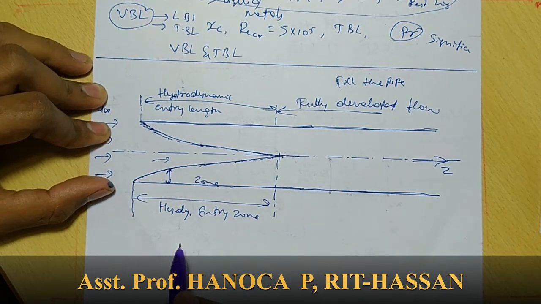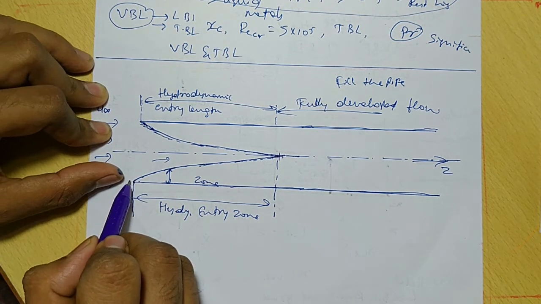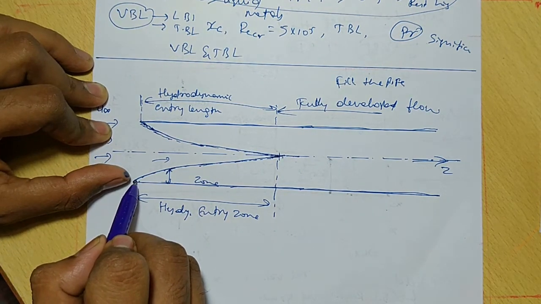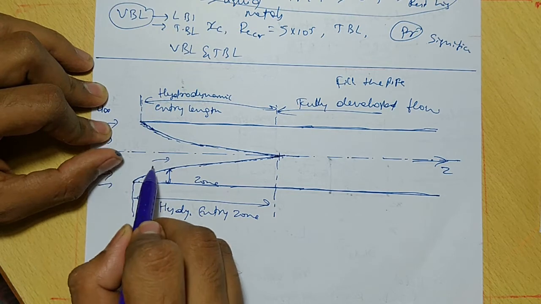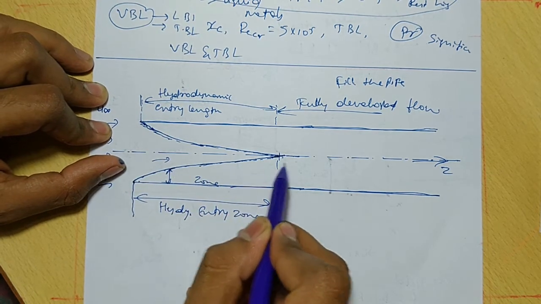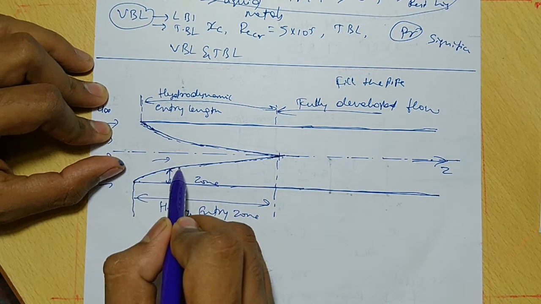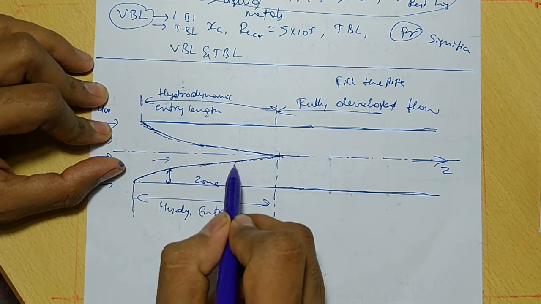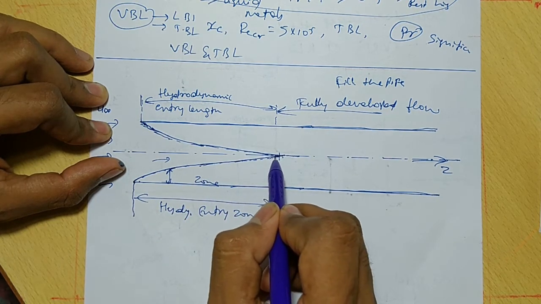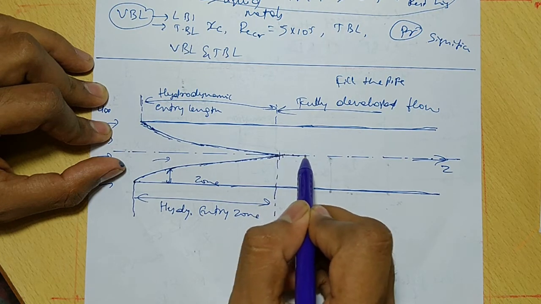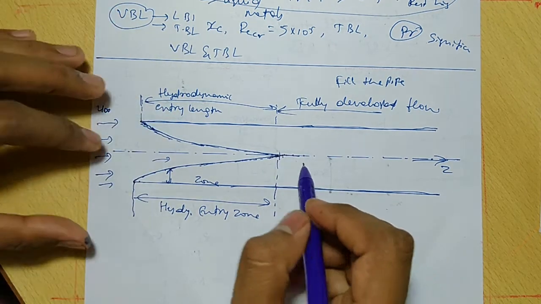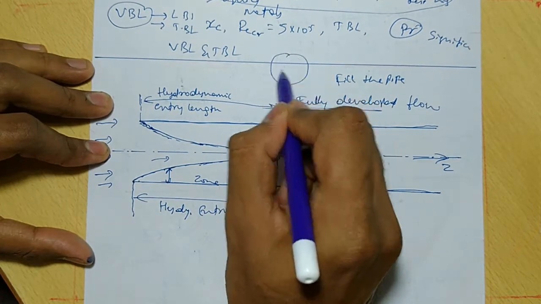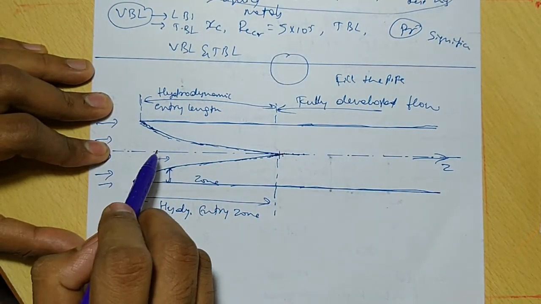Once again, I will explain. When the fluid enters the pipe, the boundary layer starts. As the fluid moves inside the duct, the boundary layer thickness keeps increasing. Finally it reaches the center or axis of the pipe, completely along its circumference.